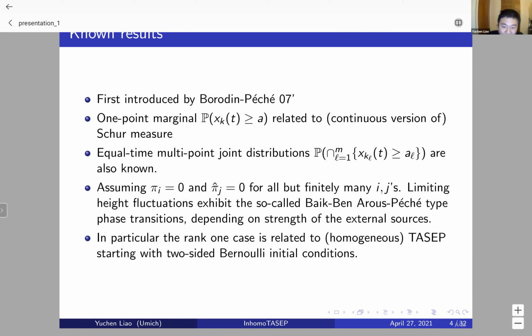And there are also manageable formulas for the equal-time multi-point joint distribution, where it's still some Fredholm determinant.